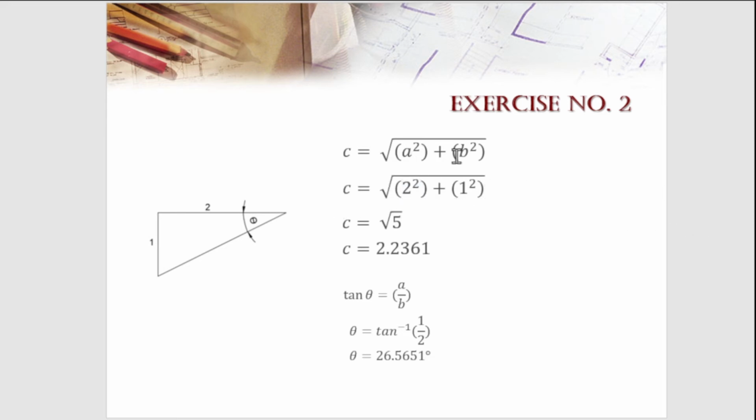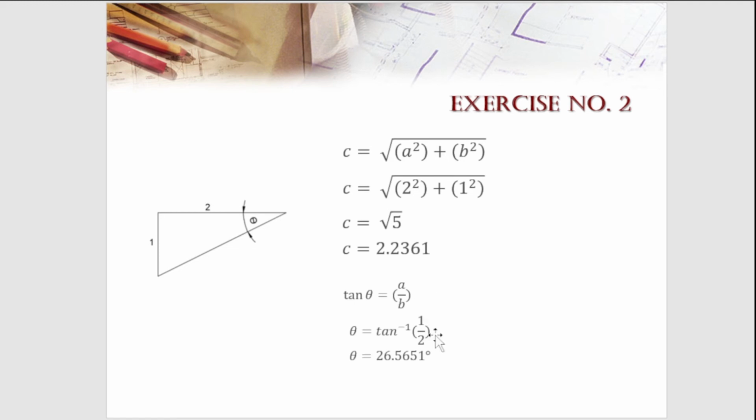Okay, so computing the C or the hypotenuse, using the same formula, square root of A squared plus B squared, we will arrive at square root of 5 and our answer is 2.2361. And by computing the angle theta, our opposite side is 1, adjacent side is 2.